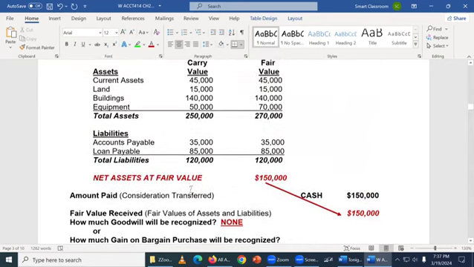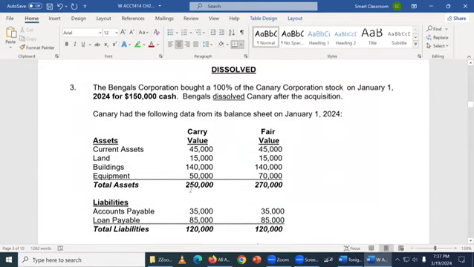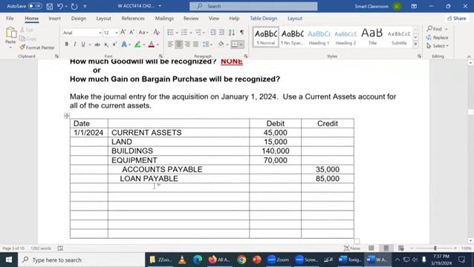So we just picked up all their assets and all their liabilities. What else do we need? Good. Cash is going down, $150,000.